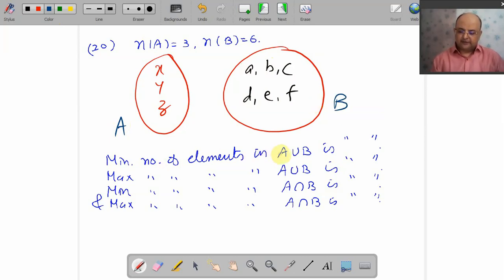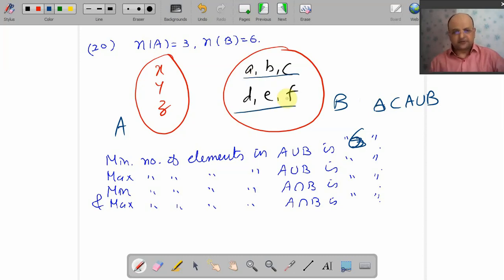Minimum number of elements in A union B is 3. Why? Because A is a subset of A union B. Oh, I'm sorry, 6. Because B is a subset of A union B. These 6 elements will definitely be inside at minimum. You may think, sir, there will be 9 elements, right? But if this x is your A, this y is your B, and this z is your A, C, then what is that?